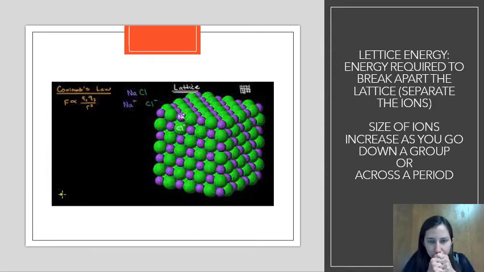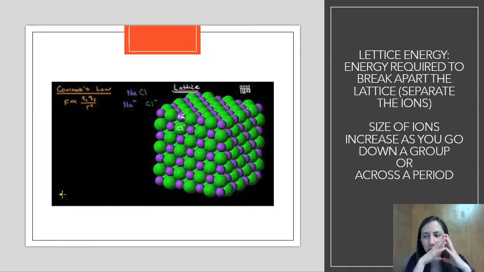The amount that they hold on to each other is determined by the size of the ions. So you just have to remember that as you go down a group, the size of the ions decrease, and as you go across a period, the size of the ions decrease.